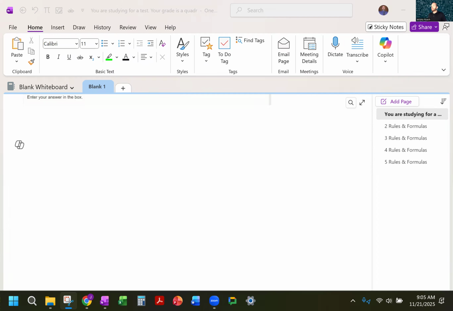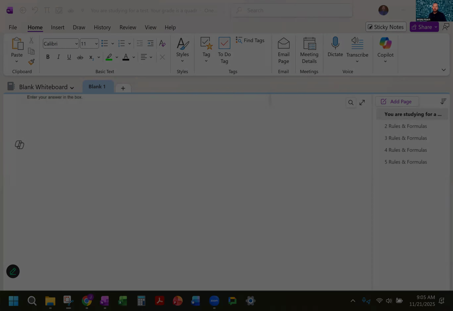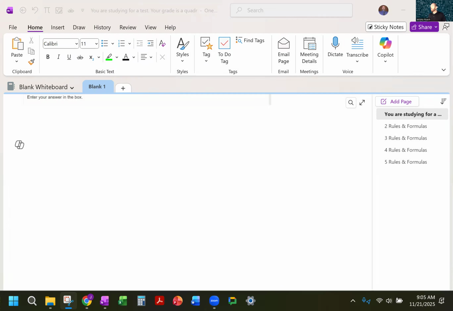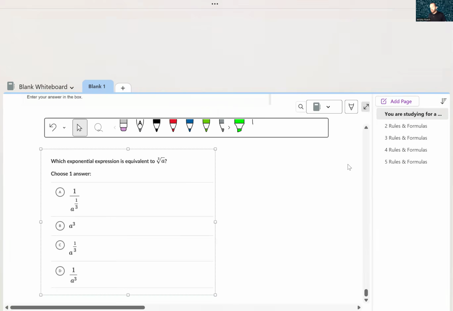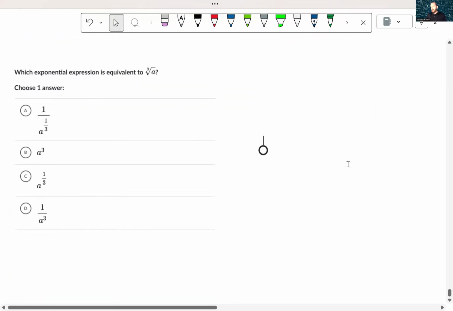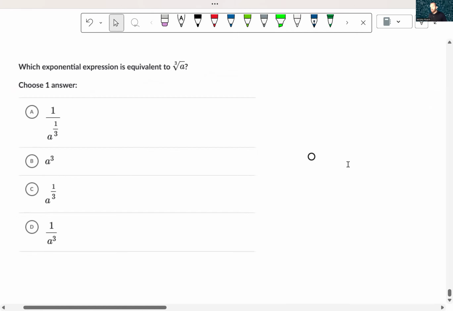So let's take a look at this first example here, and this has a cube root of not a number but a letter. So this is saying to find the cube root of a. Anytime we have just a variable or a number by itself, that's just the number to the power of one or the variable to the power of one.